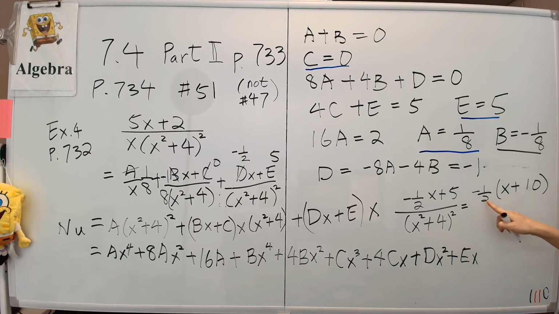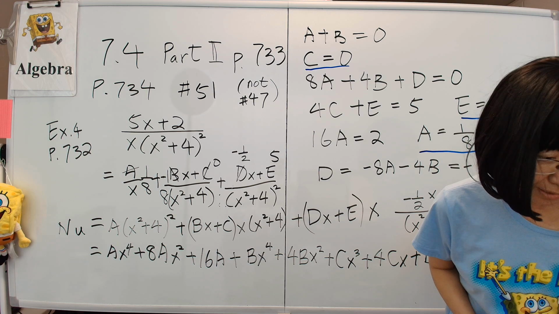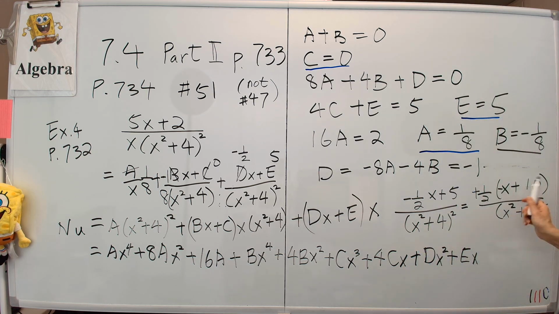Actually, it should be x. I'll only factor out the minus half, okay? We'll keep this in there, so we don't mess with the negative sign. So then this 1/2 over x squared plus 4, and then we can just write down the 2 down here. So the answer will be minus x plus 10 over 2 times this stuff. And that is exactly what the book says. Or 10 minus x, same thing.